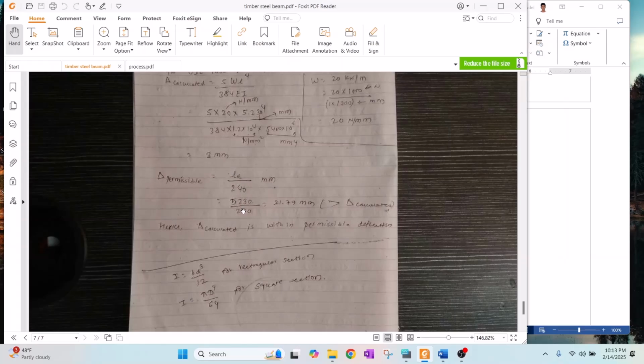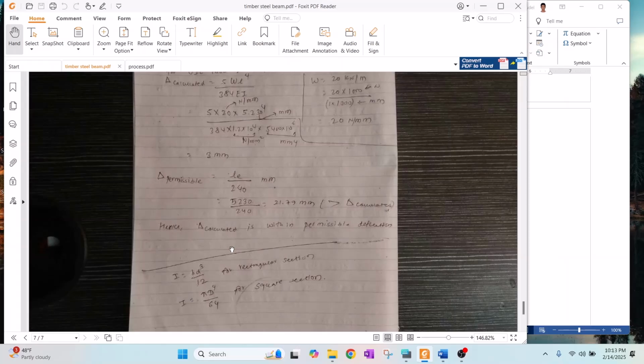You can use this equation to find the value of permissible deflection. So the permissible deflection is 21.79 mm, which is greater than delta calculated, which is 3 mm. So we can show that the induced deflection is within permissible deflection, and the section size is safe for that provided load.